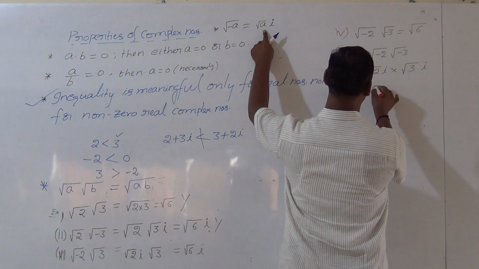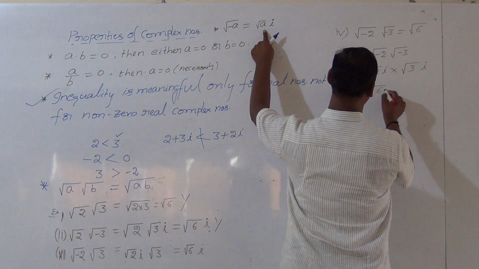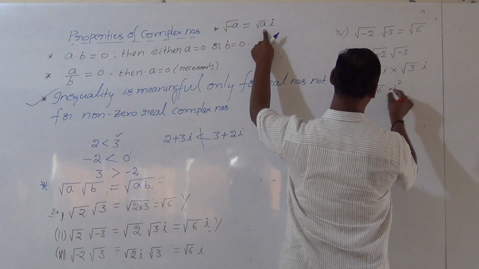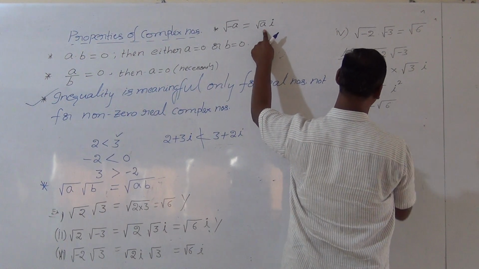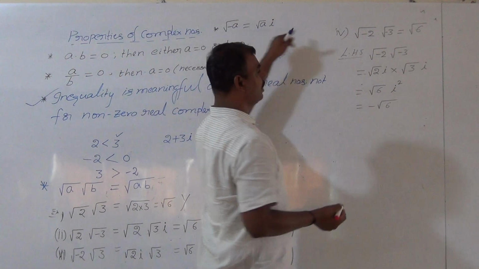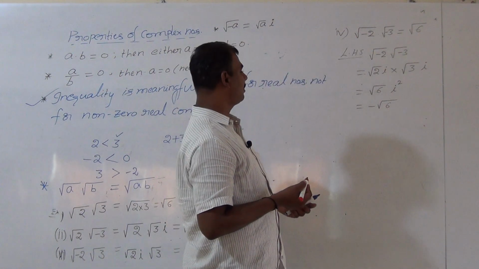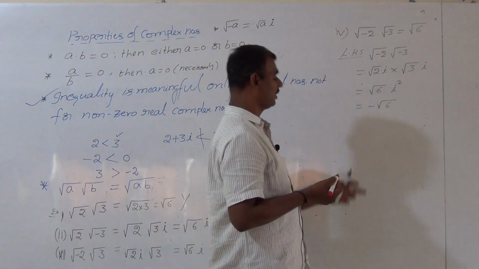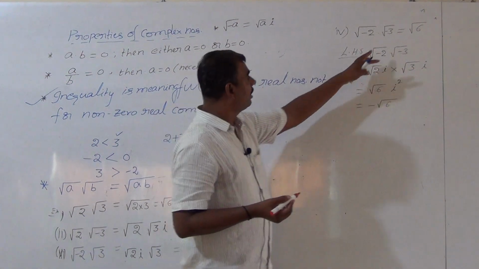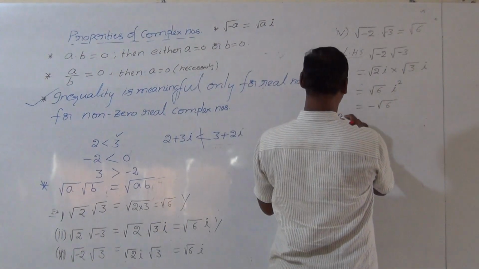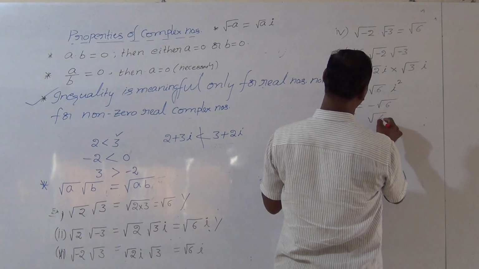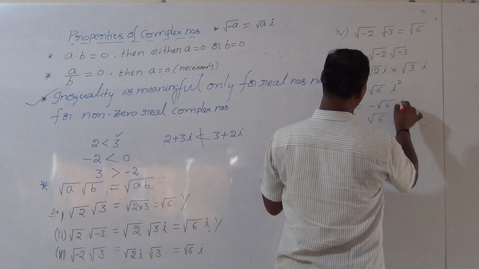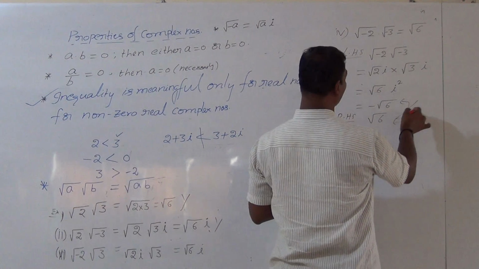This is equal to square root of 6 into iota square. Iota square, as we just studied, is minus 1, so this is minus root 6. Now, what is the RHS value? RHS will be square root of 6. These two are not equal, so the statement is false.